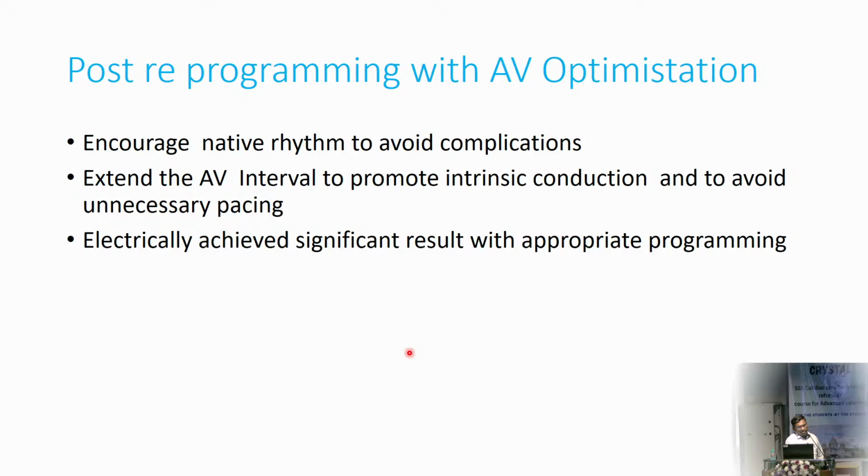Post reprogramming with AV optimization, which means encouraging AV nodal conduction, we can have the AV search option. There is VIP. There are many algorithms which can be used in pacemakers to allow AV nodal conduction, natural conduction, basically encouraging native rhythm, so unnecessary pacing can be avoided. We achieved a significant result with the appropriate programming.